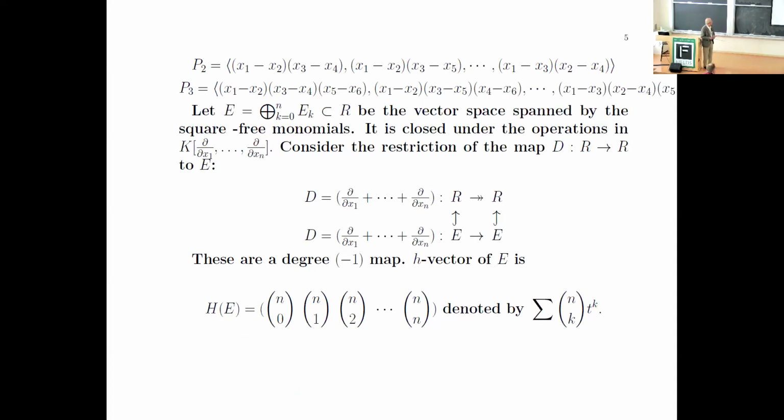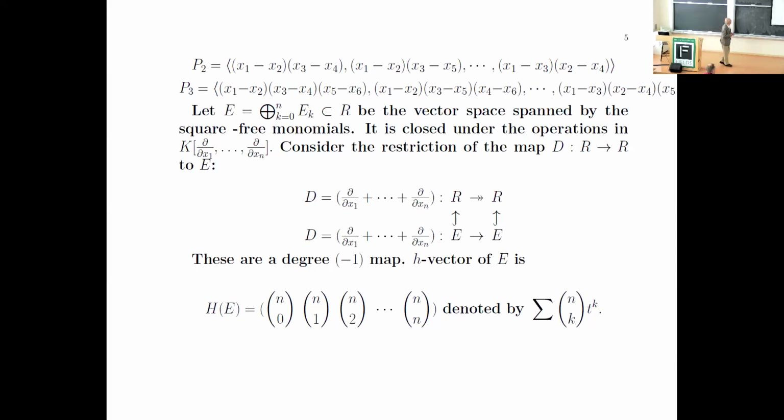Next, I want to consider monomials. Suppose E is the vector space spanned by the square-free monomials. Then certainly it is closed under these differential operators, because exponents only decrease when these operations are applied.